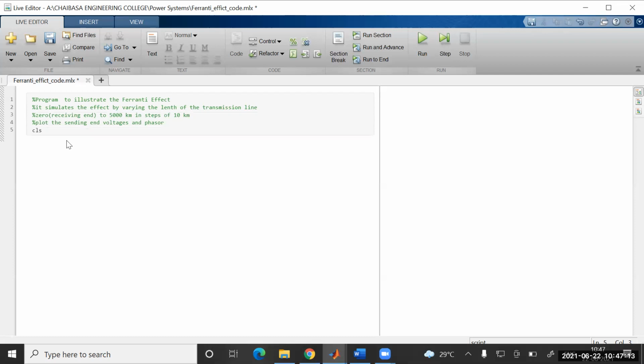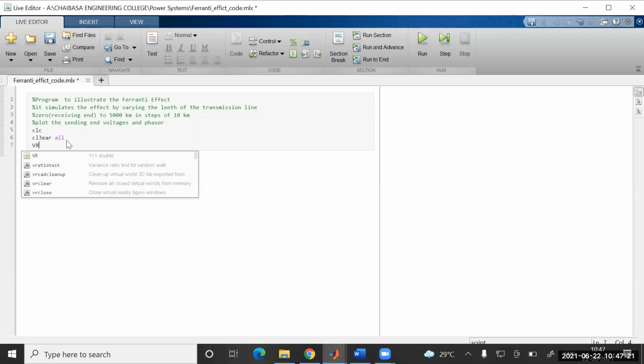First we write clc, then clear all. Then we take the VR value that has been given, which is 220 kilovolts, so we write 220e3, and it should be in RMS, so we divide by sqrt(3).